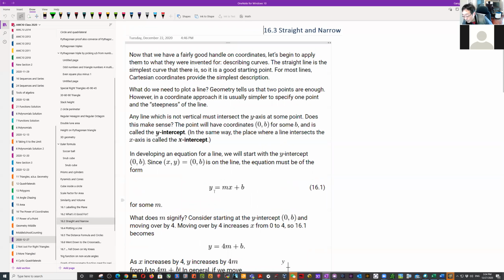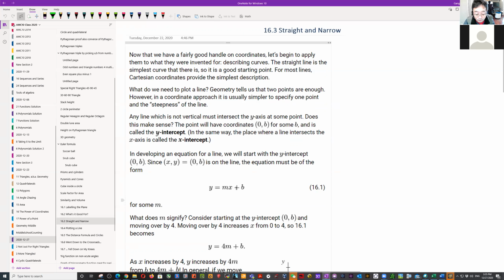And then what are they good at? When you begin to use the coordinate system, you are able to represent lines on the system with a linear equation.